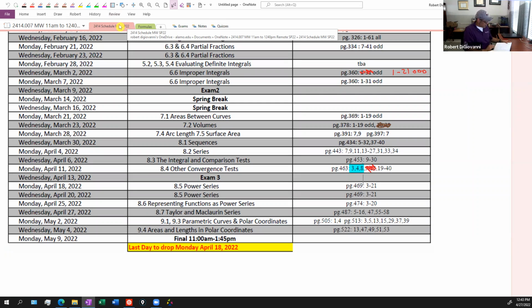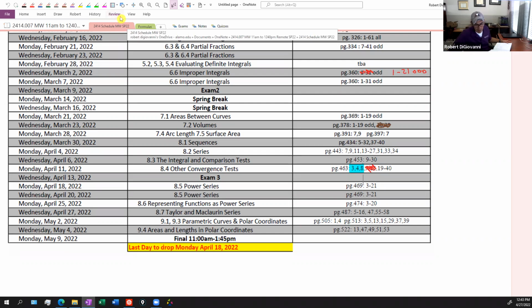Number 13 in 8.6, they try and take you step by step through it, see how it goes. But the thing is, problem number 20 kind of requires that you did number 13. So I would say 13 and 20 are kind of tough.